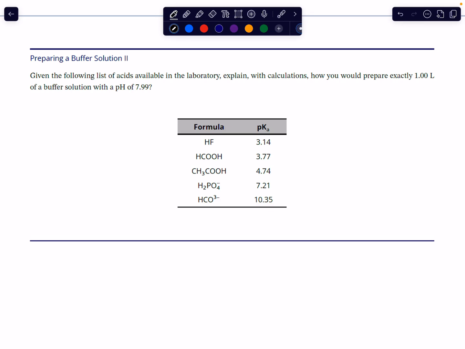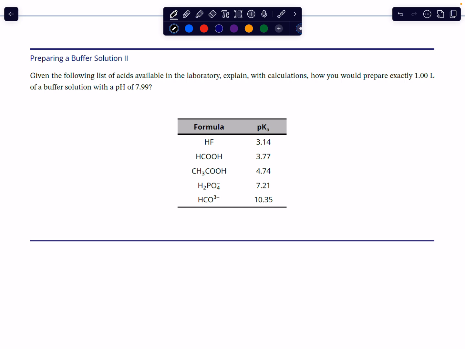Welcome back everyone. In this example, we continue looking at how to prepare a buffer solution. Specifically, we're given a list of available acids in a laboratory, and we need to explain how we're going to prepare a buffer solution with a pH of 7.99.